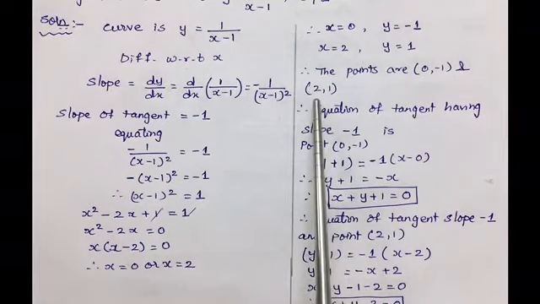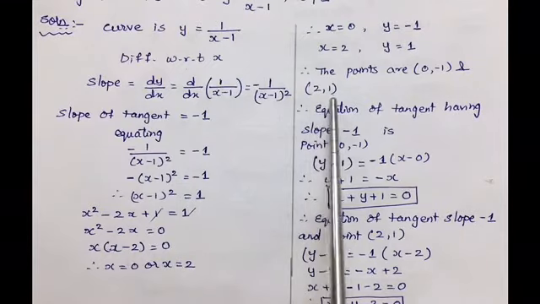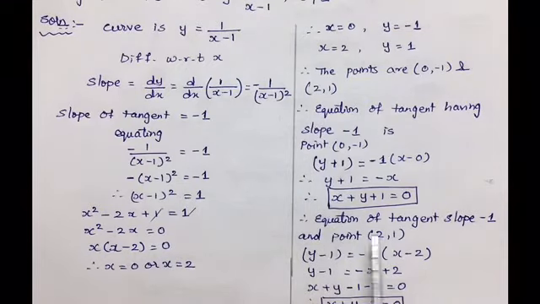Now by taking point (2, 1), and the slope will be minus 1, that is already given. Keeping the value in y minus y0 equal to slope times x minus x0, we get y minus 1 is equal to minus 1 is the slope, times x minus 2.